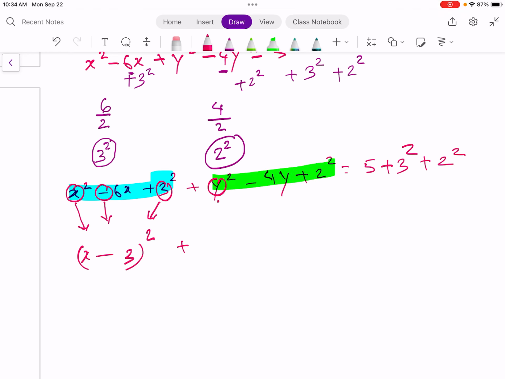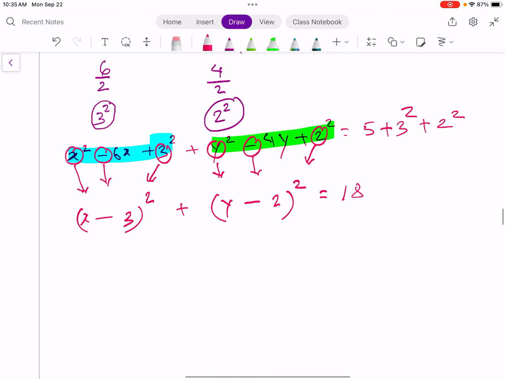You take y, you take the sign of the middle term, you take 2. Make sure to have it inside parentheses, square it. On the right side we have 5 plus 3 square. 3 square is 9, 2 square is 4. So 5 plus 9, 14, plus 4, that is 18.